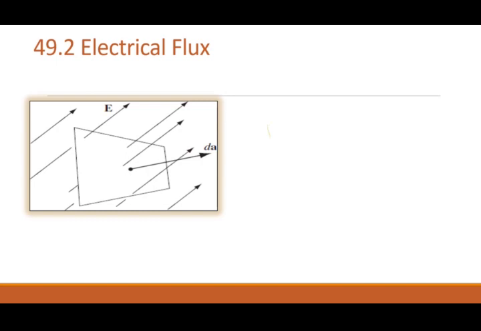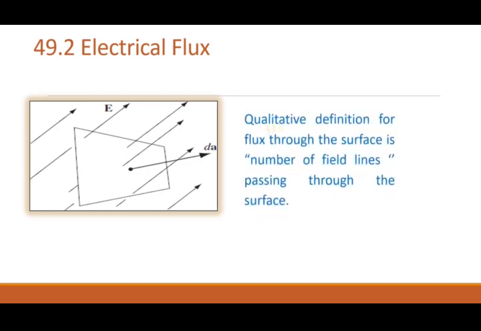Then number of field lines passing through that surface represents flux, electric flux through that surface. Qualitative definition for flux through the surface is number of field lines passing through the surface. But exactly we can define it by mathematical formulation.